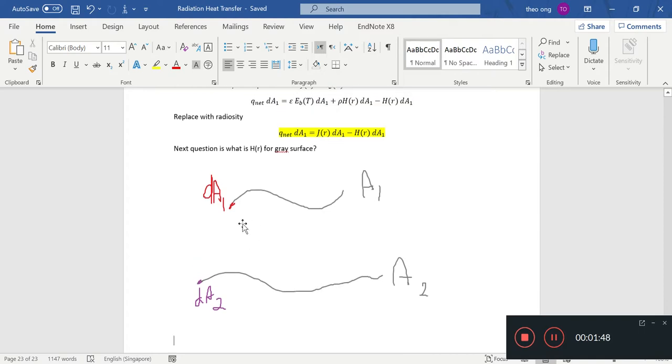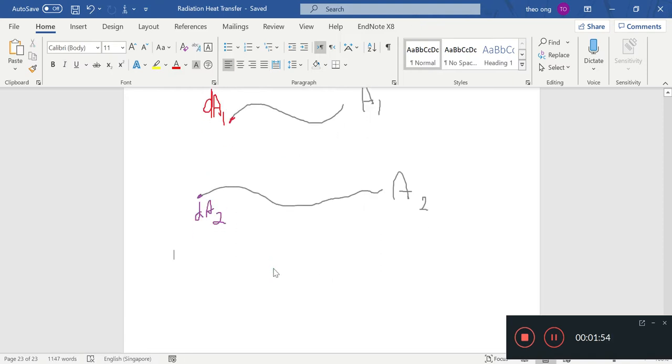So what is HR in this case? HR is very similar to the heat transfer. It will be the component that comes from the outside, which is H0 R, plus the component coming from whatever other surface there is. In this case, it is A2.